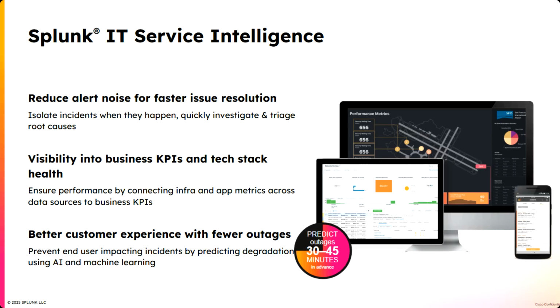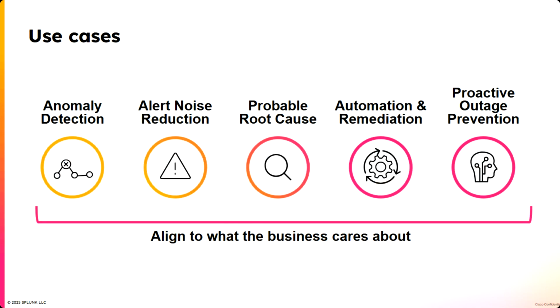And that's what we do. We do the predictive health analysis to basically tell you 30 to 45 minutes ahead of time if you are planning to have any potential outage or an incident in your vicinity, right?